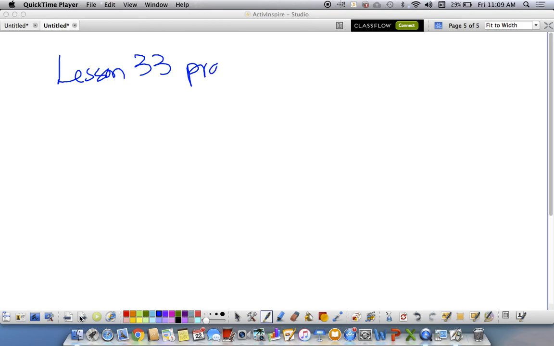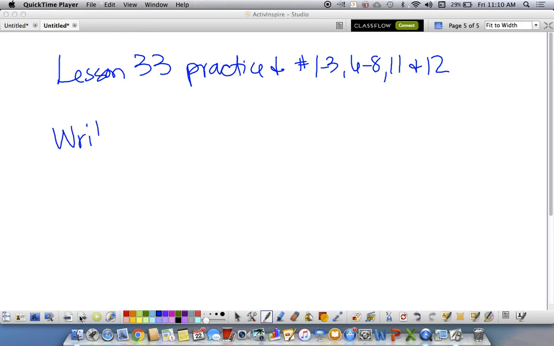We're going to do the practice, numbers 1 through 3, 6 through 8, 11, and 12. Also, we need to write theorems. It's a good time to get caught up on your theorems.